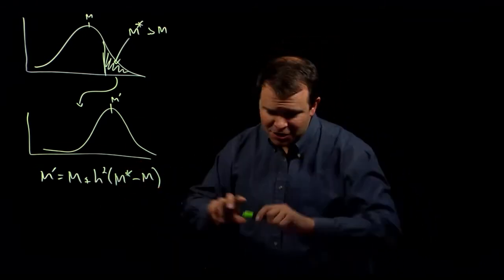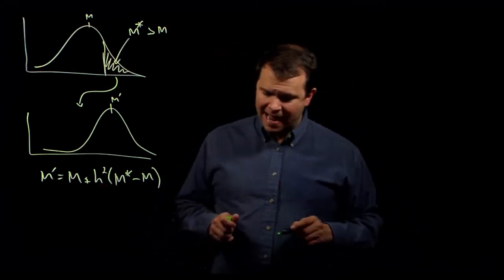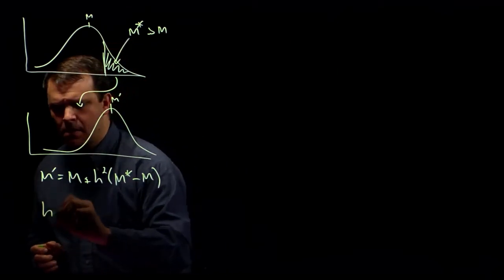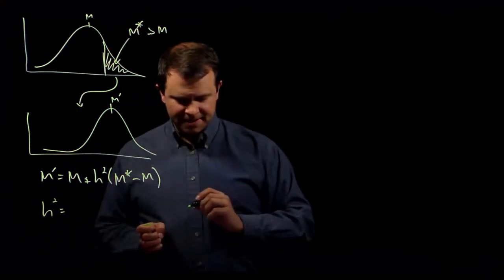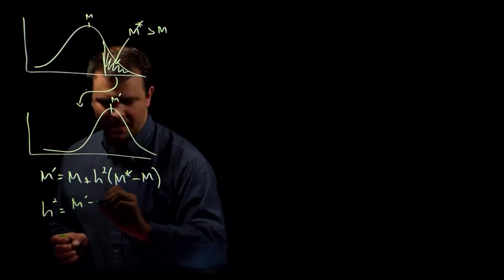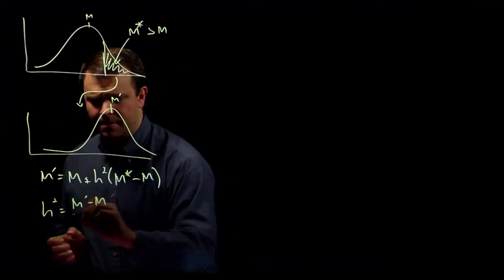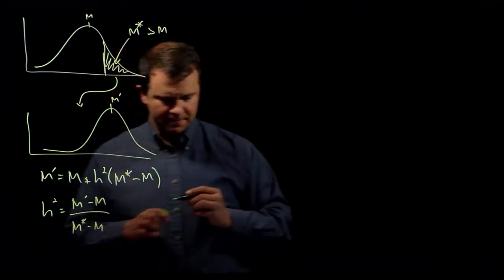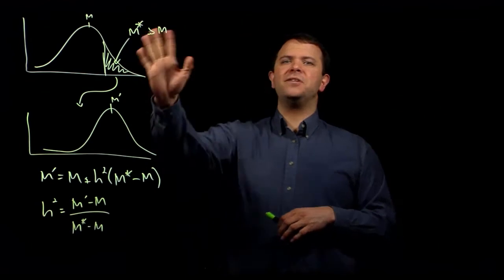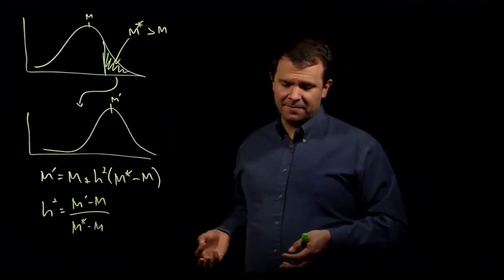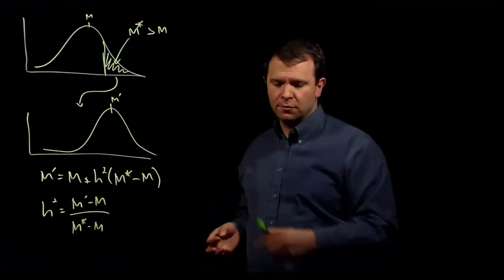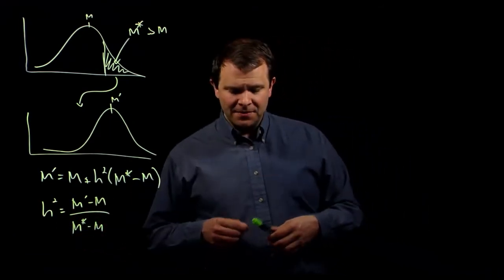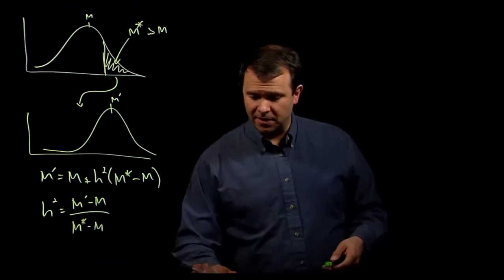If we rearrange this equation to solve for little h squared, then our narrow sense heritability is M prime minus M over M star minus M. And so if we actually do this selective breeding experiment to improve a trait, we can also use that information to estimate the narrow sense heritability of that trait as well.